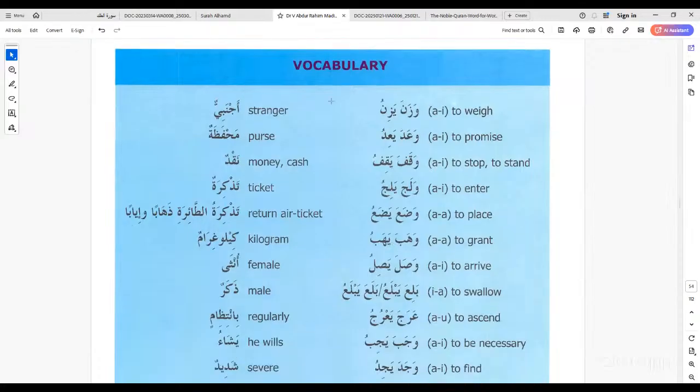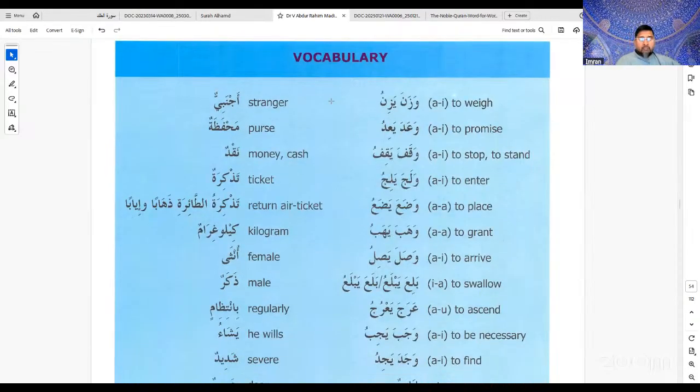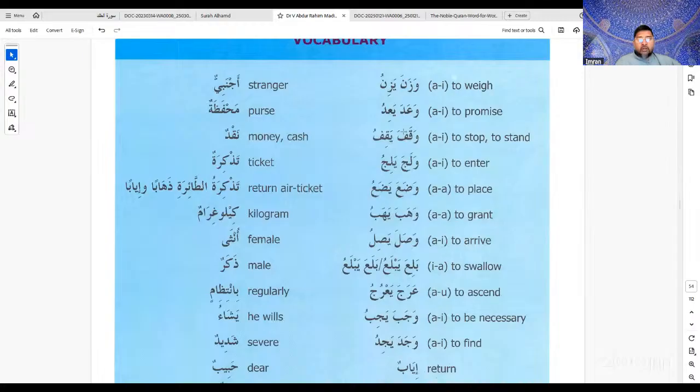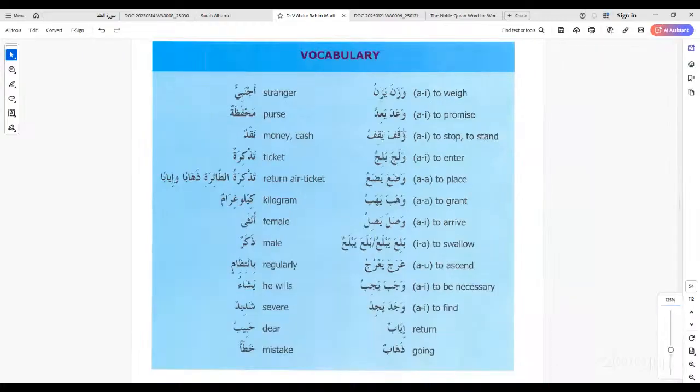Sister Sharabano, can I ask you to do the vocabulary for me? I want you to do the verbs, and for the other column, I'll bring someone else. Wazana yazinu, to weigh. Wa'ada ya'idu, to promise. Wakafa yakifu, to stop or to stand. Walaja yaliju, to enter. Wada'a yada'u, to place.